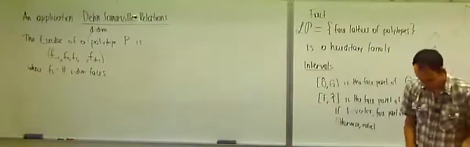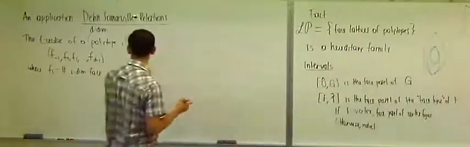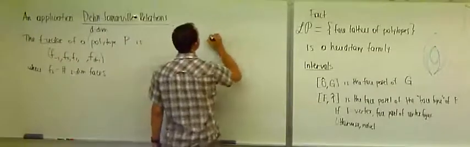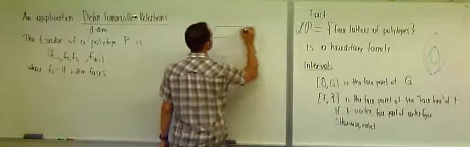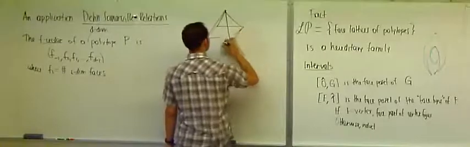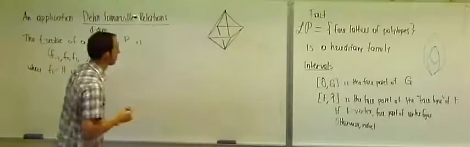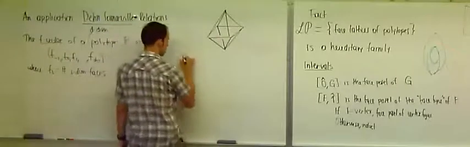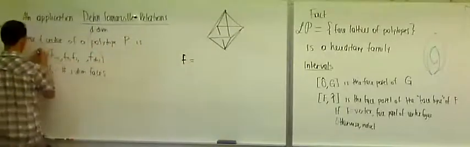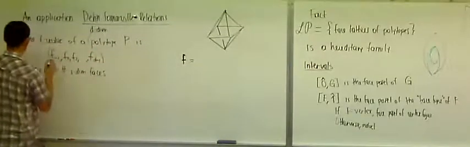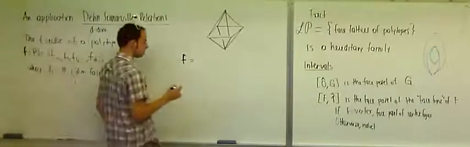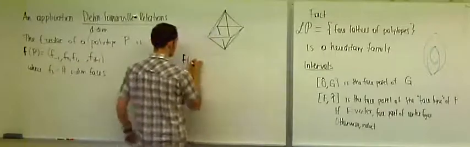And okay, maybe we can do this in an example. So let's do this for the octahedron. So what is the f vector here? We can call it f of P. So f of the octahedron is what?